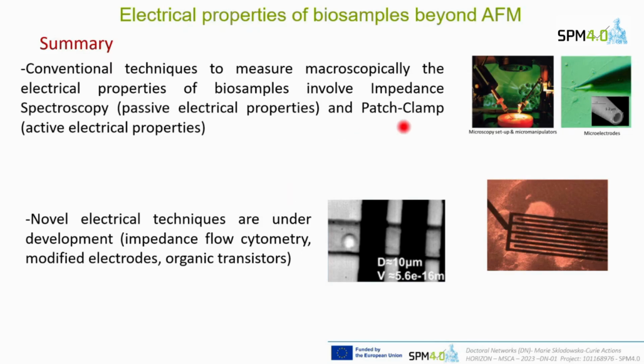The traditional techniques, so the ones which are well established and most people are using, are patch clamp, to record active properties, and then microelectrode arrays, which are used to measure passive properties. So this is the standard. This is what is there. If you would like to use them, there are protocols and standards very well defined. Instead, as an alternative to this, there are other techniques which over the years have been under development.